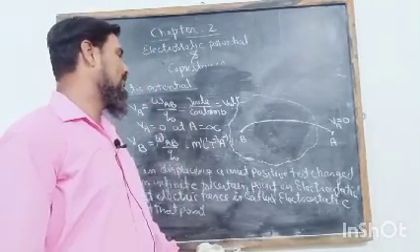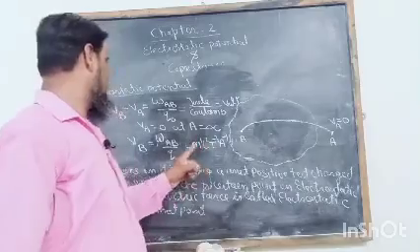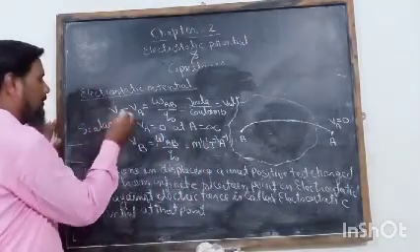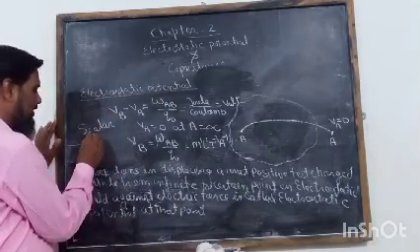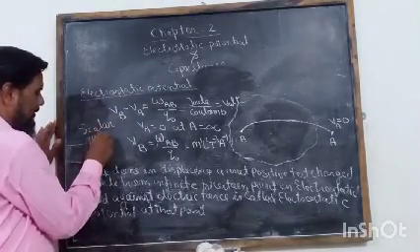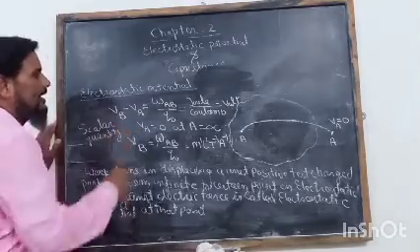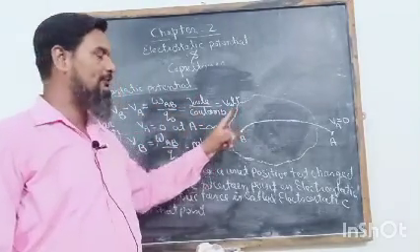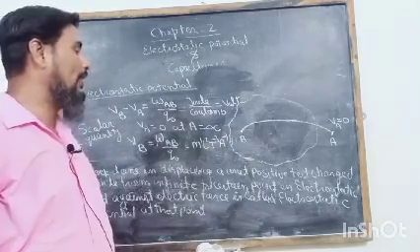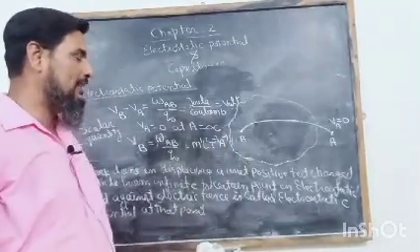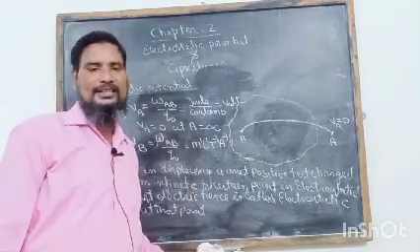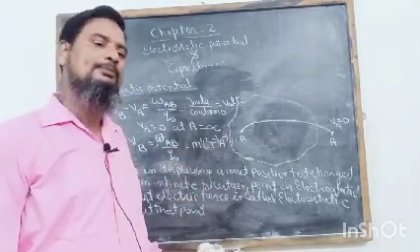Both are scalar quantities, and the SI unit is joule per coulomb or volt. Now we shall define 1 volt. There are two definitions: one based on electrostatic potential difference and the other on electrostatic potential.